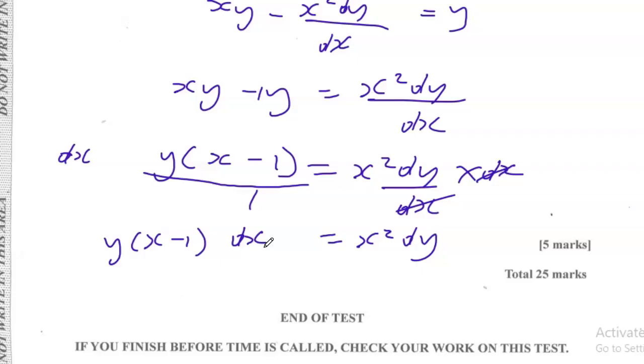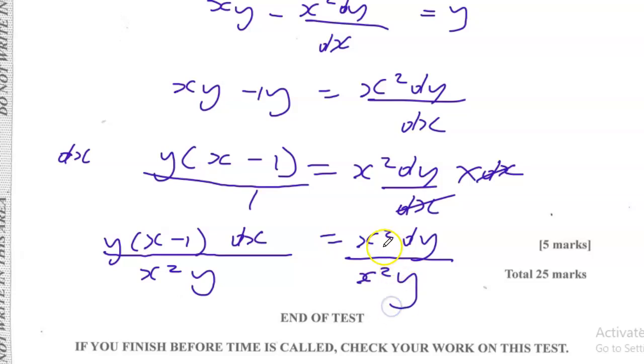And we can now divide both sides by x squared y, because we want the x terms by themselves and the y terms by themselves. So x squared into itself, that's 1, so we'd have 1 over y dy.